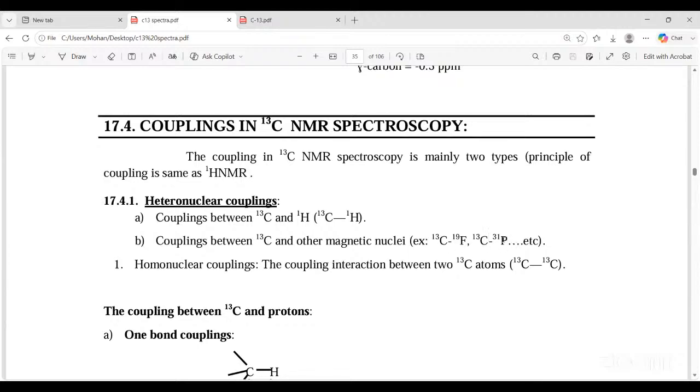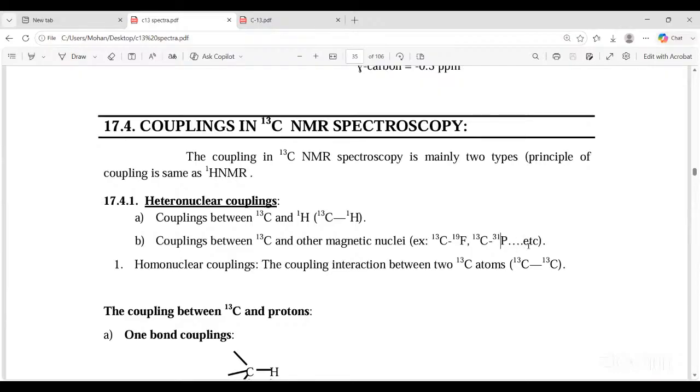Based on the attached atom, we have the category of these heteronuclear couplings. When the carbon is attached with fluorine, we have the C13 and F19 coupling. When it is attached with phosphorus, you can see the C13 and P31 heteronuclear couplings.